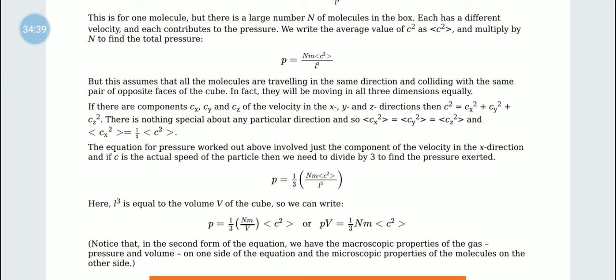This equation, leave a line and write, this equation suggests that all molecules are moving in one direction, but in reality they all move in all three dimensions. That is x, y, and z.